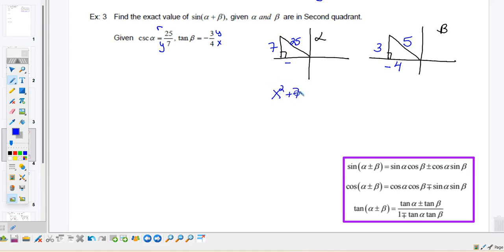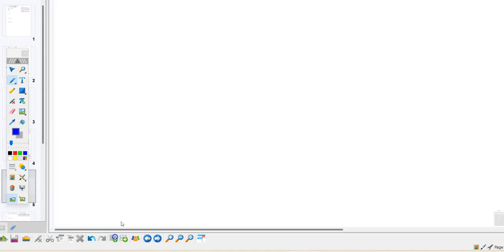X squared plus y squared equals r squared. This is another Pythagorean triple. Well, let's see, 25 squared. You can multiply that the traditional way. I think I'm going to multiply it with the little box method.